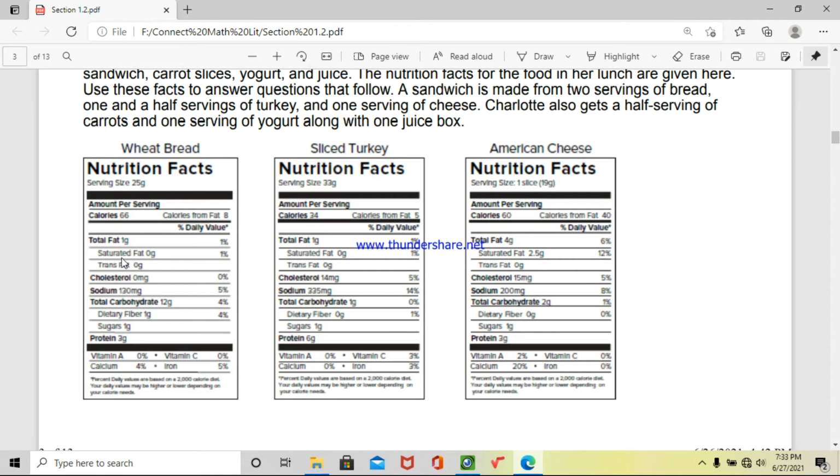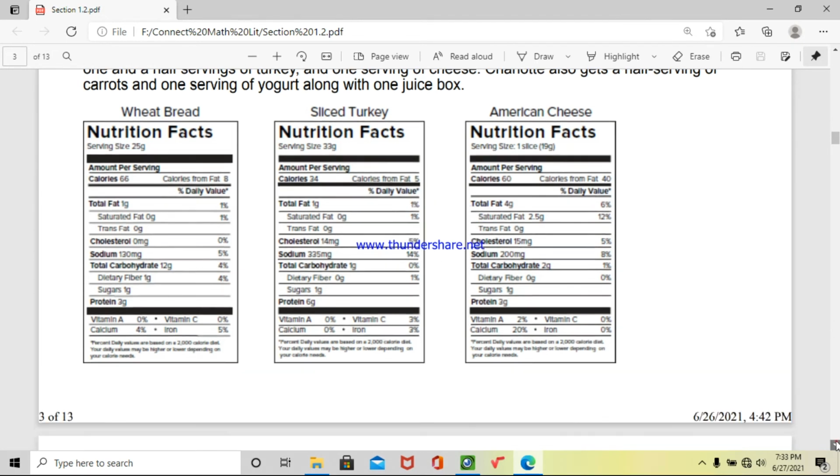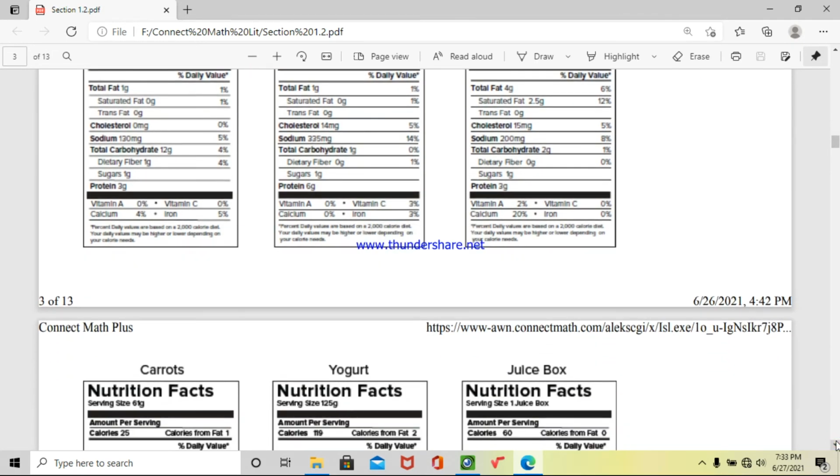And we have 1.5 serving of turkey, so we have 5, right? Right here. We 5 plus 2.5, right? And 1 serving of cheese, so will be 40. And we have 1.5.